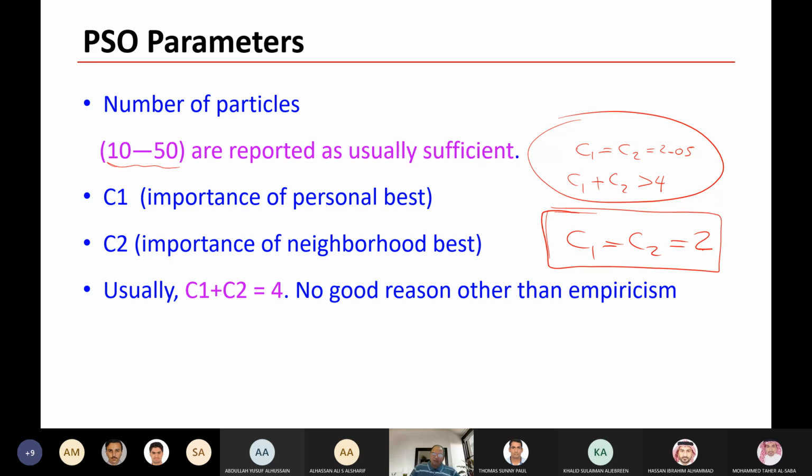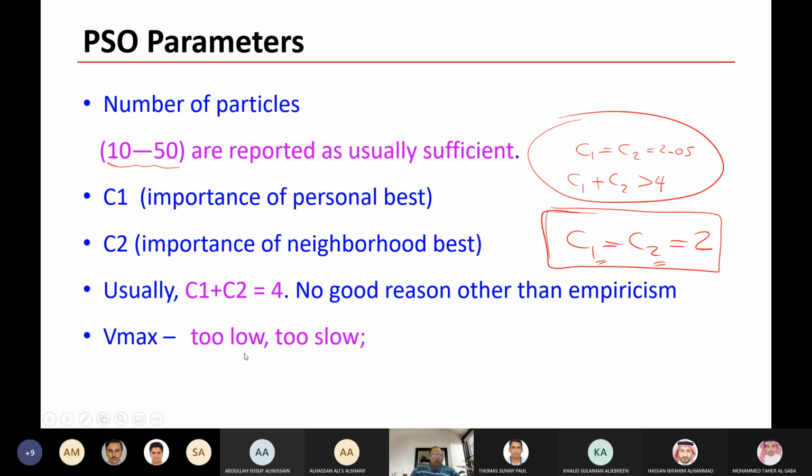But anyway, you can have the simplest way to set C1 equal to C2 equal to 2. That means you have equal opportunity of the local and global best, global search. So usually C1 and C2, no good reason other than empiricism. And these are based on empirical trial or attempts.